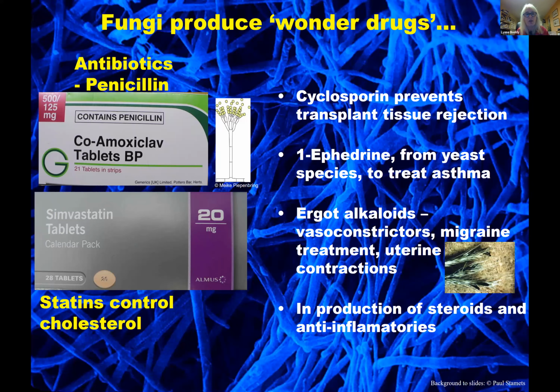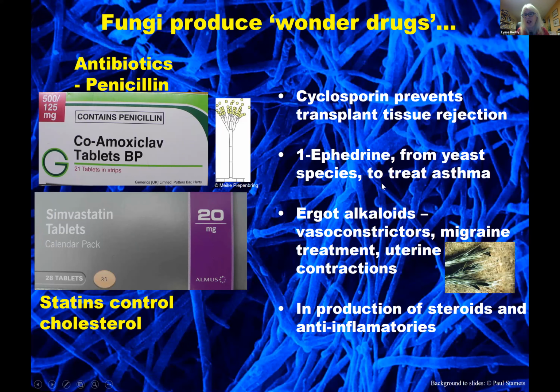Indeed, there are quite a lot of other antibiotics from fungi. Statins that control cholesterol, they were discovered in fungi. Cyclosporin, another fungal product, it's used to prevent transplant tissue rejection.